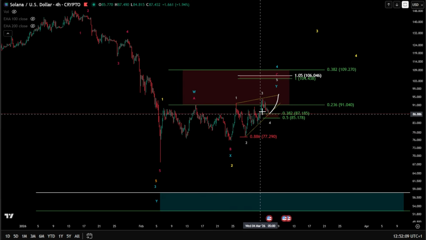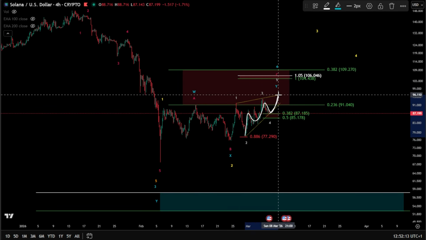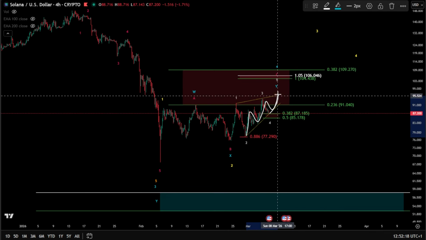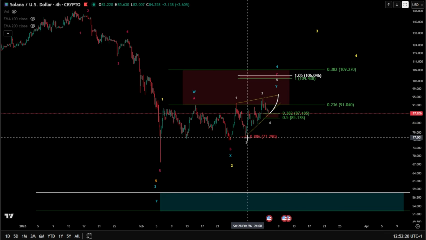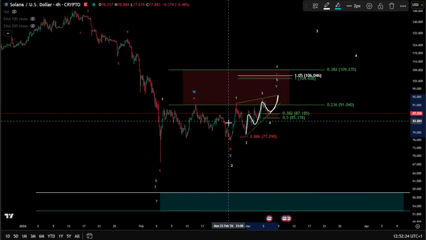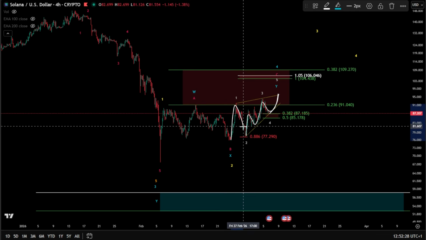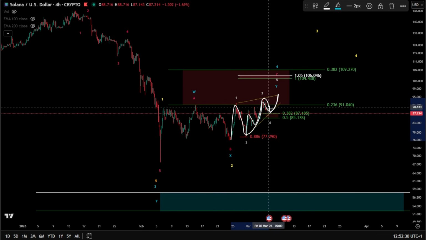So, by all means, for the wave Y as well, you are required a smaller ending diagonal, A, B, and a C. And the wave C also of this ABC has to be a diagonal 1, 2, and then 3, 4, and a 5. Meaning 2 diagonals are unfolding internally, and this is where the trick goes on in Solana.